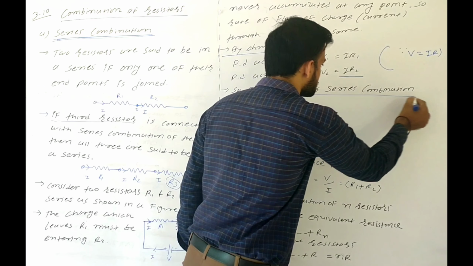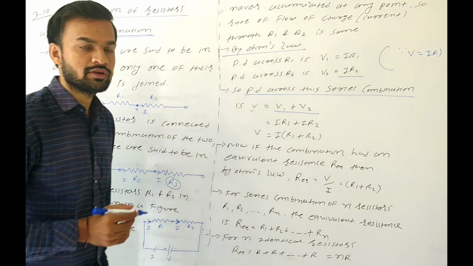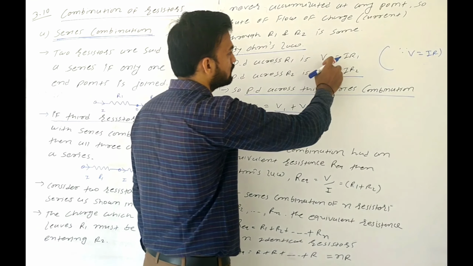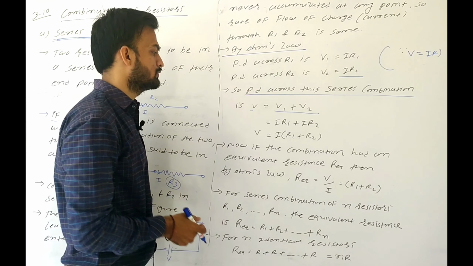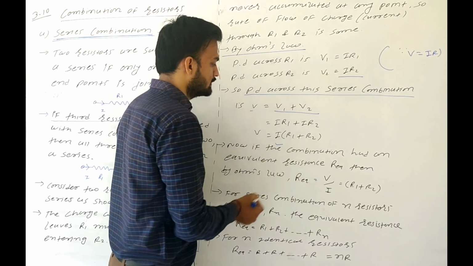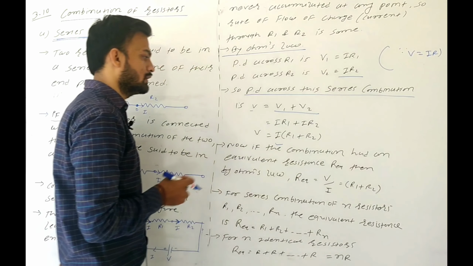So PD across this series combination, V equals V1 plus V2, which is IR1 plus IR2. Taking I common, V equals I times (R1 plus R2).